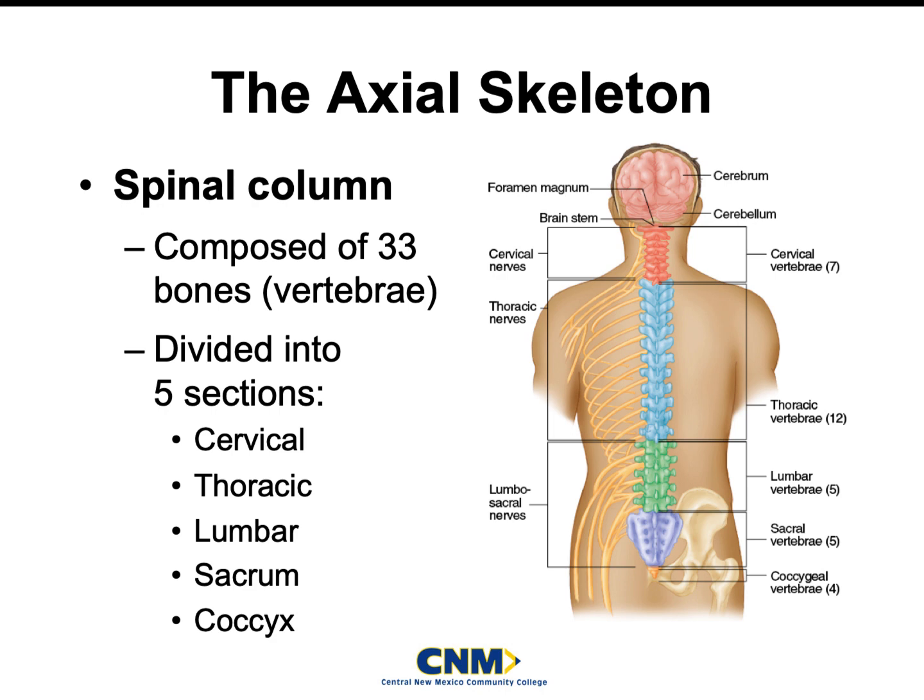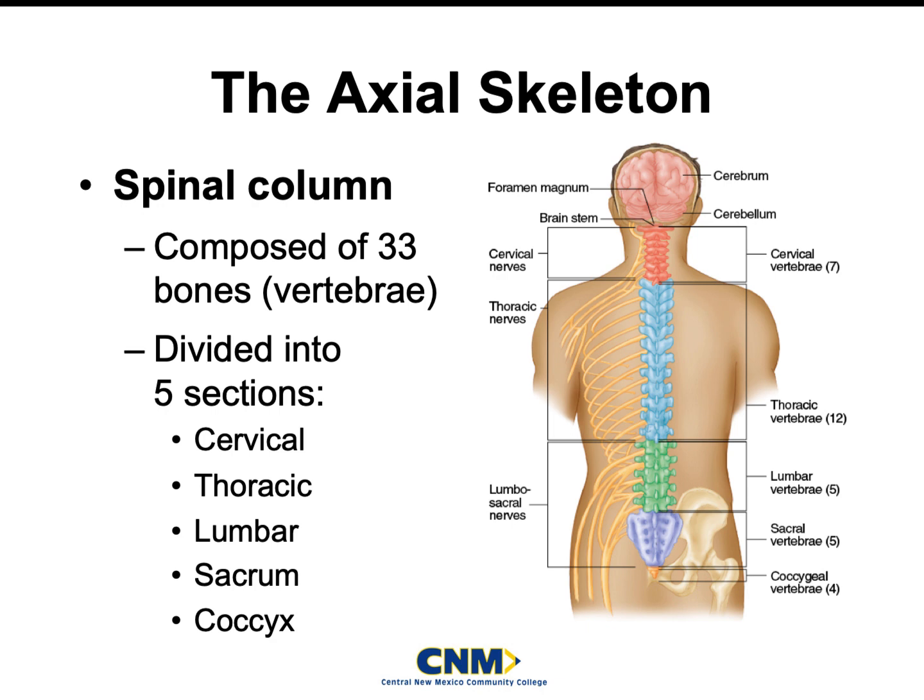Your lumbar goes from the base of your ribs all the way down to the top of your pelvis. That has 5 vertebrae. Your sacrum and your coccyx are both combined to make your tailbone. The sacrum is 5 different vertebrae that are fused together, and your coccyx has 4 different vertebrae that are fused together.